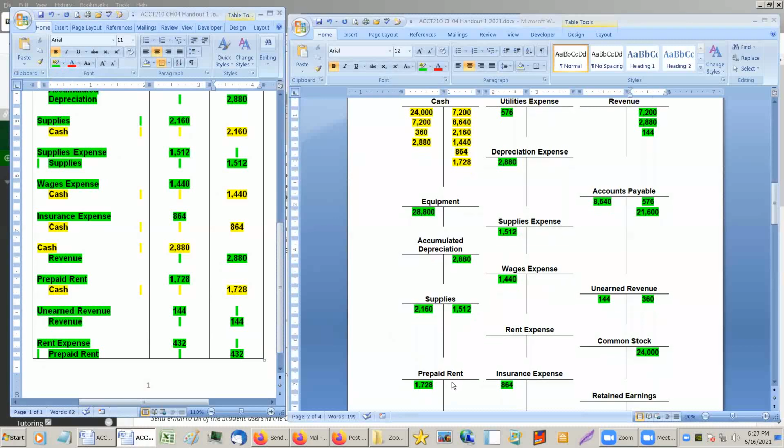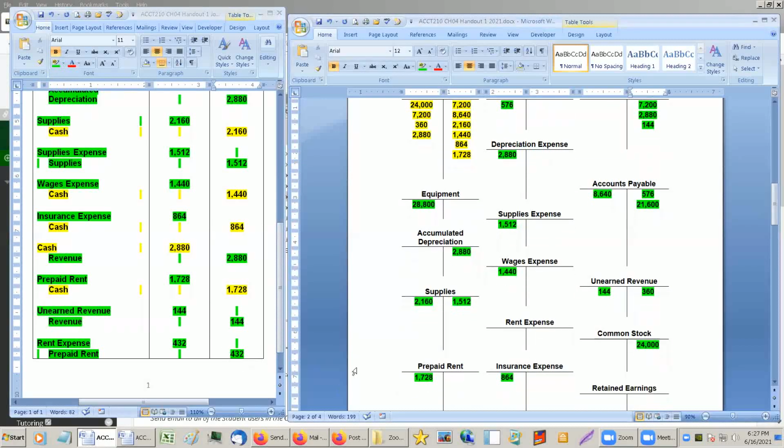And we used up some of our rent, 432. And we have rent expense.